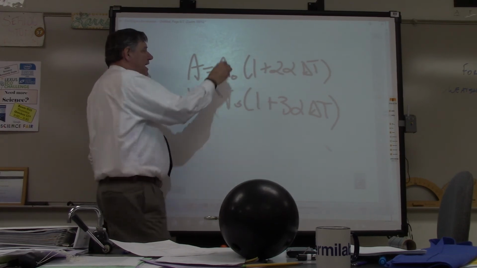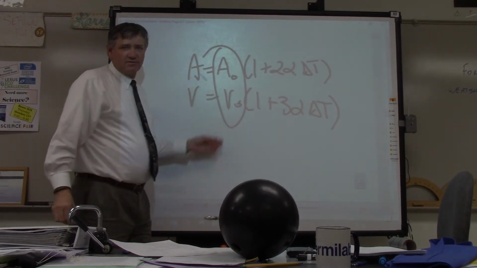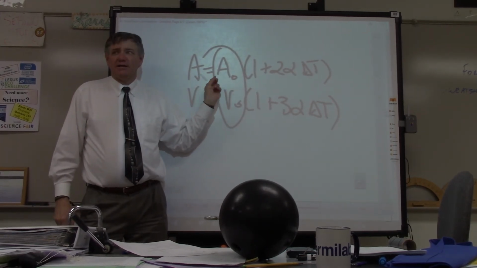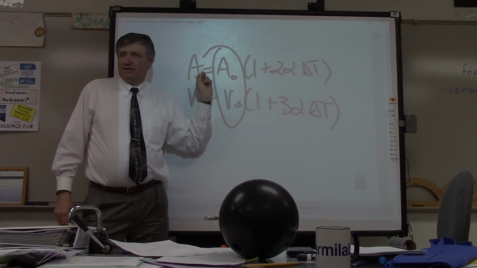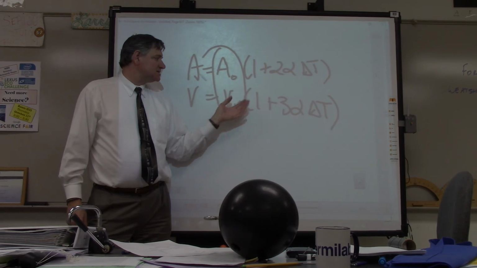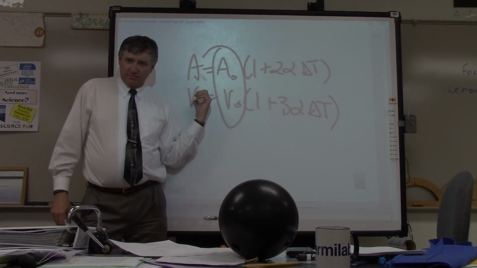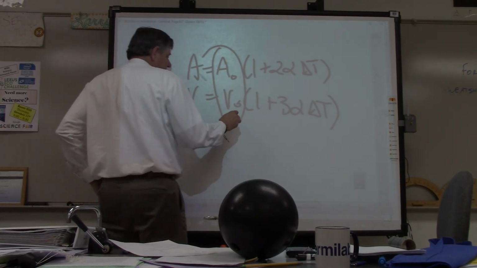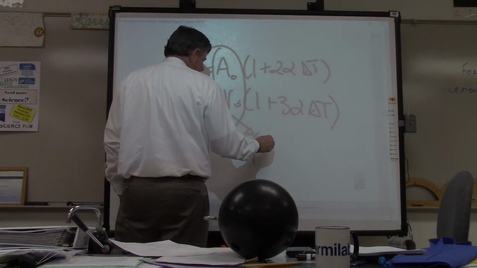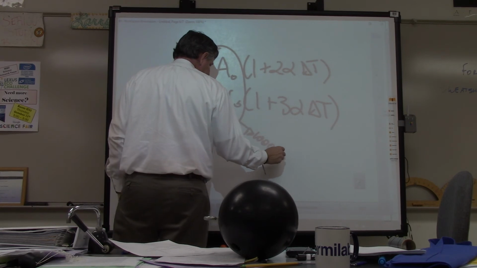Again, I don't care what units these are in. It doesn't make any difference, just be consistent. Whatever units this is, that's what units this is going to be. Now, here's where you have to be a little bit careful. So this might be 1,000 cubic centimeters, whatever it is.